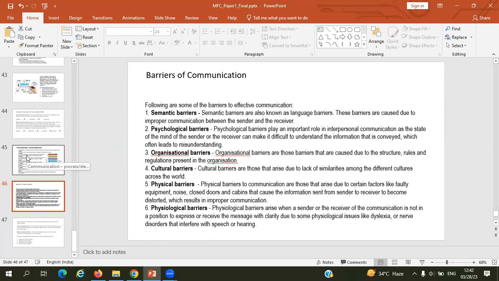What is the process I told you? That could be one important question. And barriers of communication, this could be another question. And how communication is impacting the organization, what are the different types of communication in an organization? This could be another question. So these two or three questions you can prepare, and once you read them properly, it is going to help you write long type and short type questions.